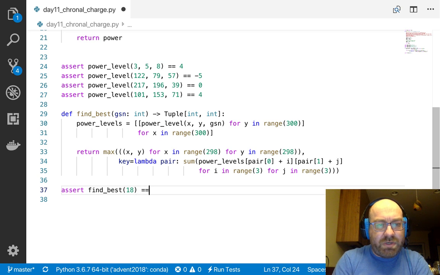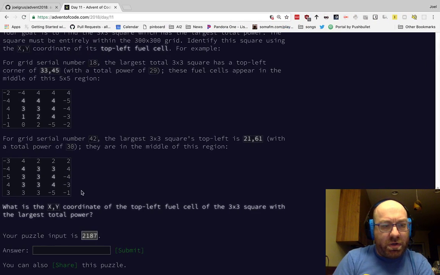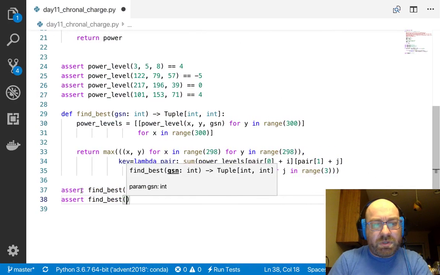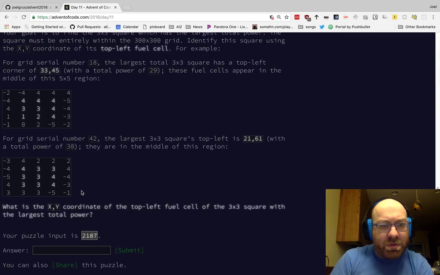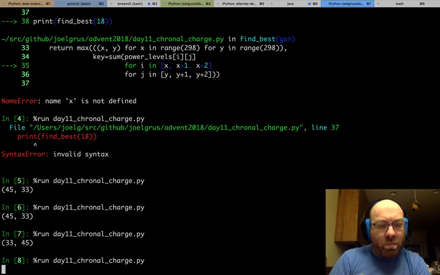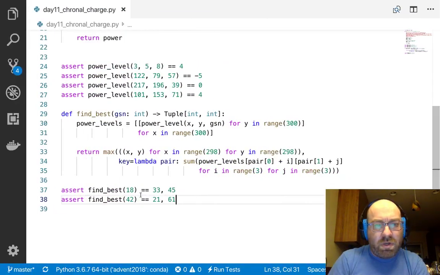Assert find best 18 equals 3345, and assert that find best 42 equals 2161. Is that right? 2161? Yeah. Assertion error, oh, because I need to parenthesize these.